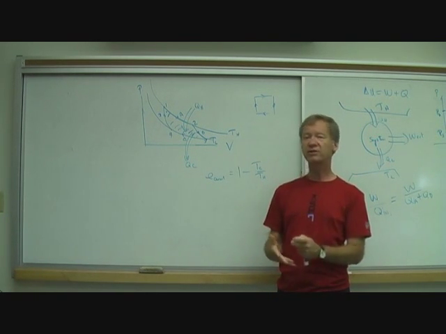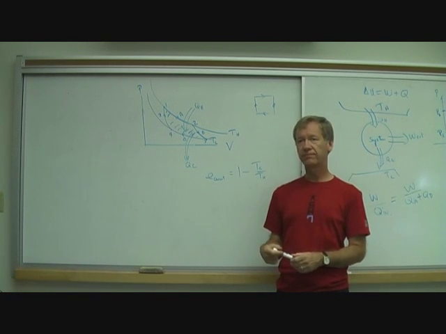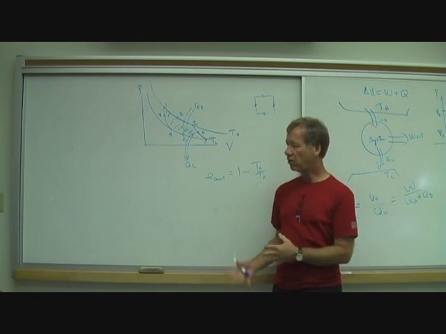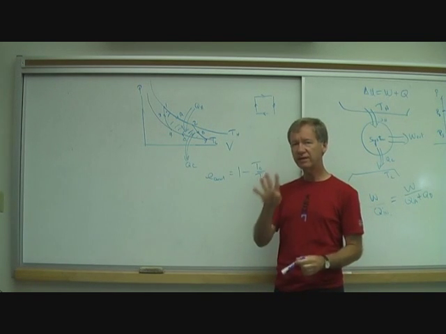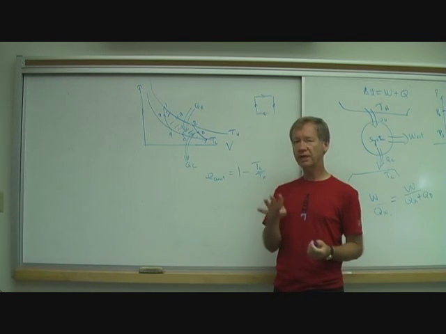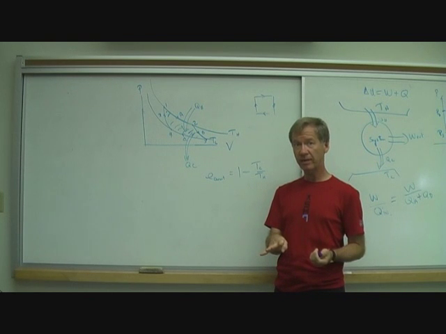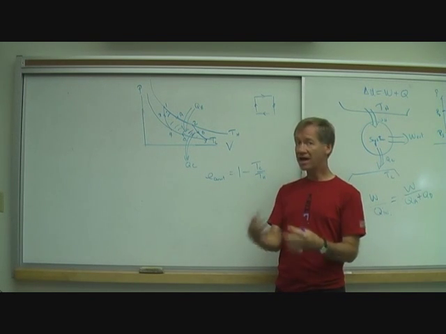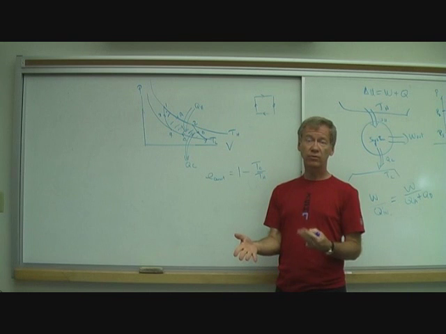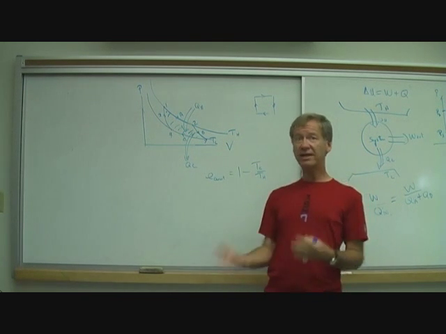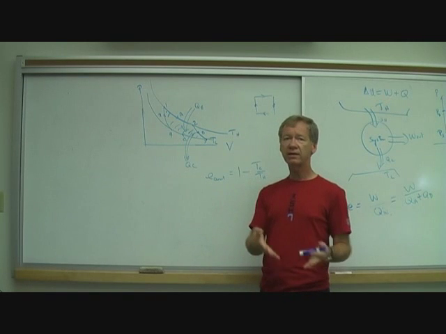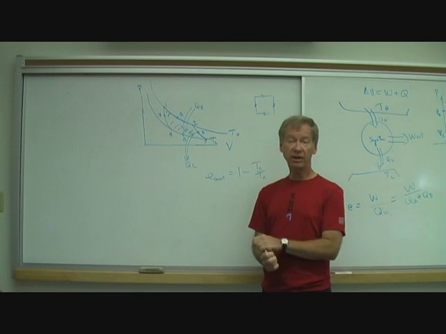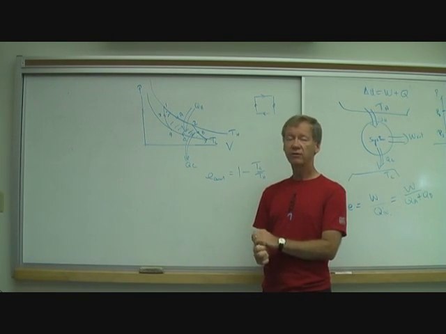Now, I want to mention that there are a lot of other cycles that are out there. They almost all get modeled using the 4 thermodynamic processes that we talk about. Right? The Otto engine, or the Otto cycle, which is what is used to mimic what goes on in an automobile engine, right?